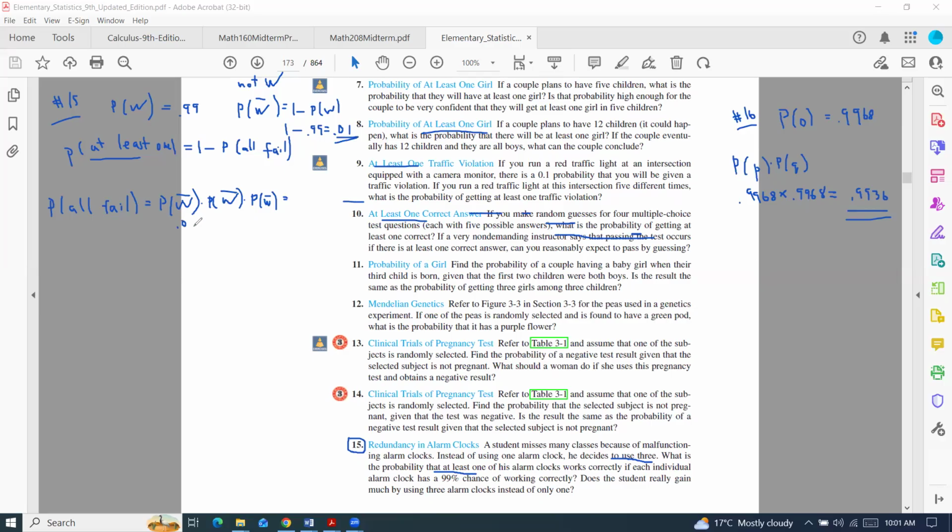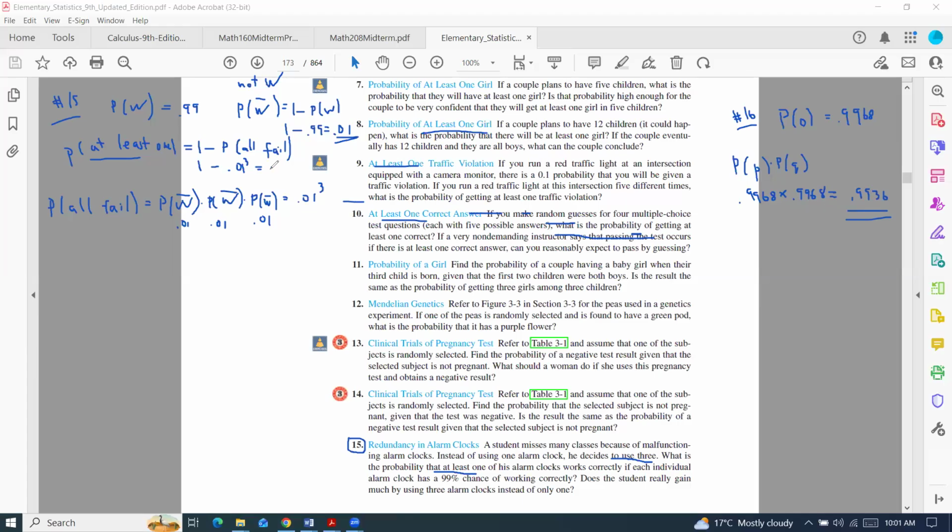Which I multiply with another 0.01 and with another 0.01, and this will be one millionth, or I can just let the calculator do it. So it's 0.01 cubed. And then I will be subtracting it from 1 because I want to find the opposite, right?